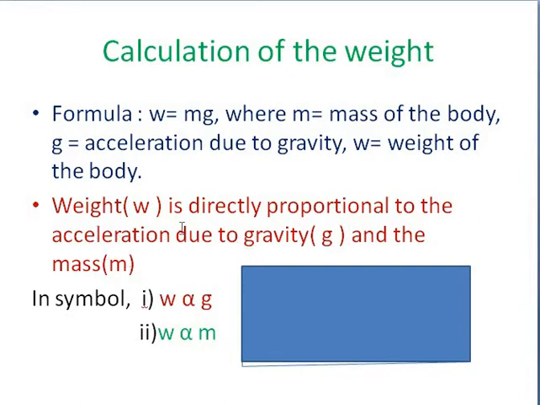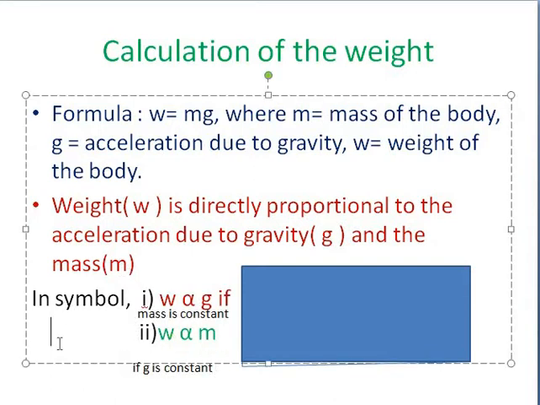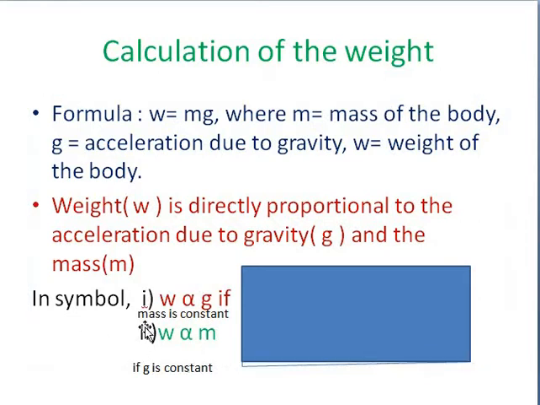So if acceleration due to gravity is constant, then weight depends on the mass of the body. So weight is directly proportional to the acceleration due to gravity if mass is constant, and weight is directly proportional to mass if g is constant, because W, the weight of the body, depends on mass and acceleration due to gravity. It depends on the conditions.